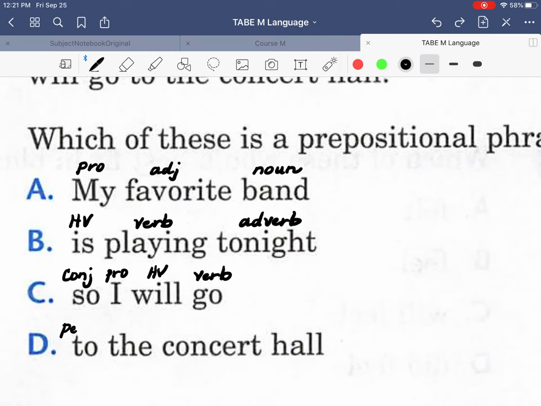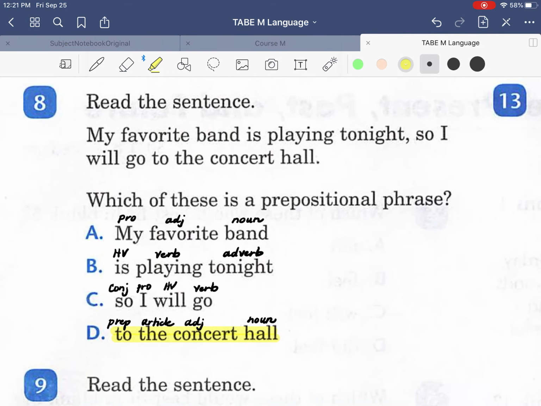Preposition, article, adjective, noun. There's your preposition. To the concert hall, your prepositional phrase. That is a prepositional phrase that tells where, so it's an adverb phrase.